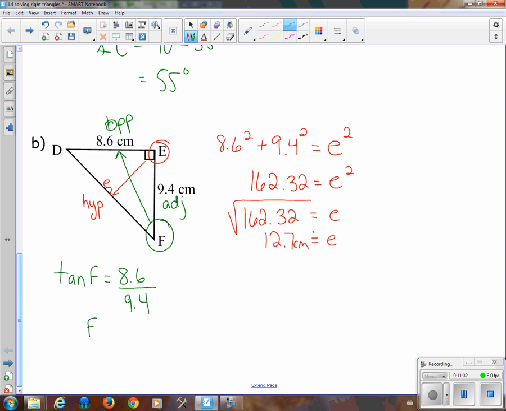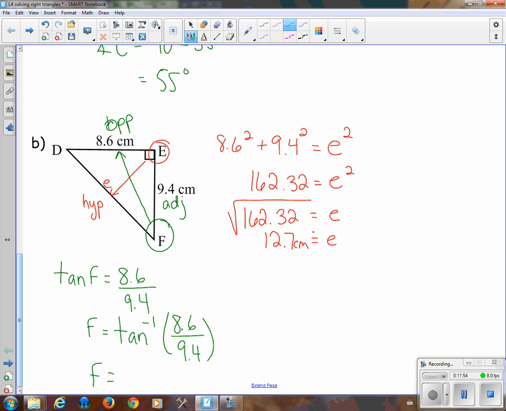And if you recall from our trig review, to get an angle, we have to do the tan inverse of 8.6 divided by 9.4. And you can type that in your calculator. You can get a decimal and then do the tan inverse, or you can do it all in one step.